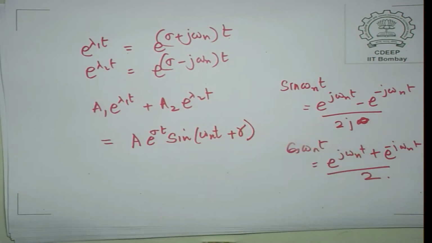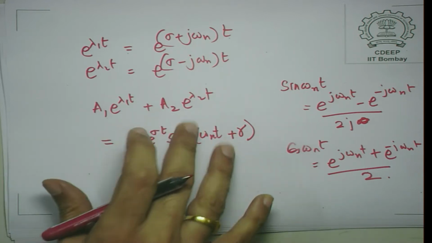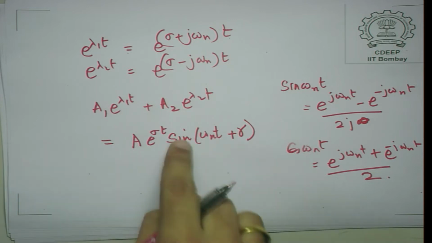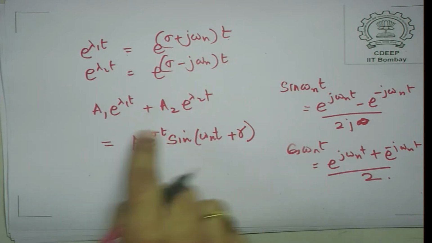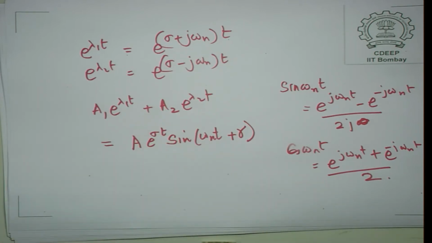So, you will in fact have a natural response which is of oscillatory nature, okay. And of course, if sigma is negative, which it is in this case, it will be a damped sinusoidal nature. So, remember this is only about the natural response.